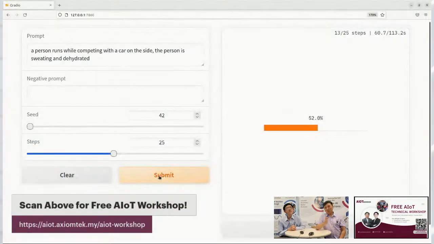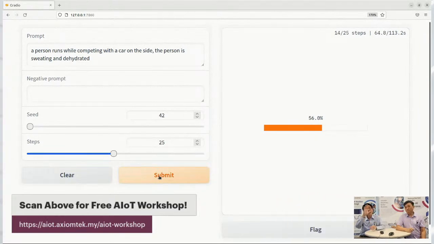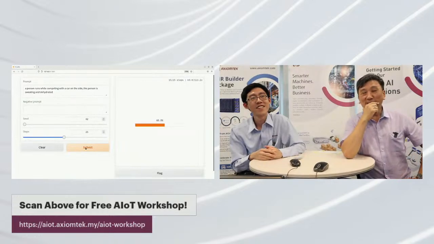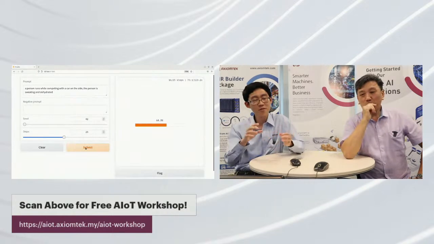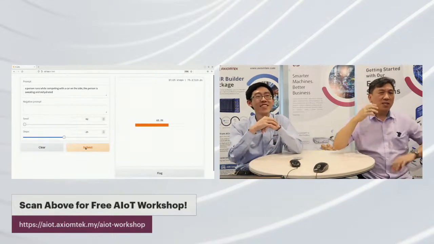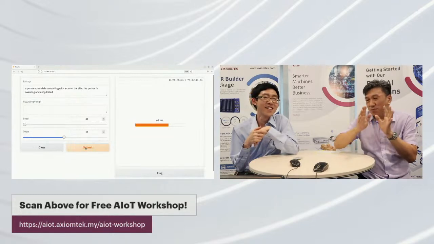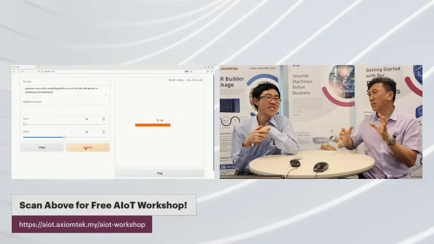Let's see. Right now it's 52%. What do you think the image will look like? I think it's based on the prompt, how it draws the person. It should not be a real person.